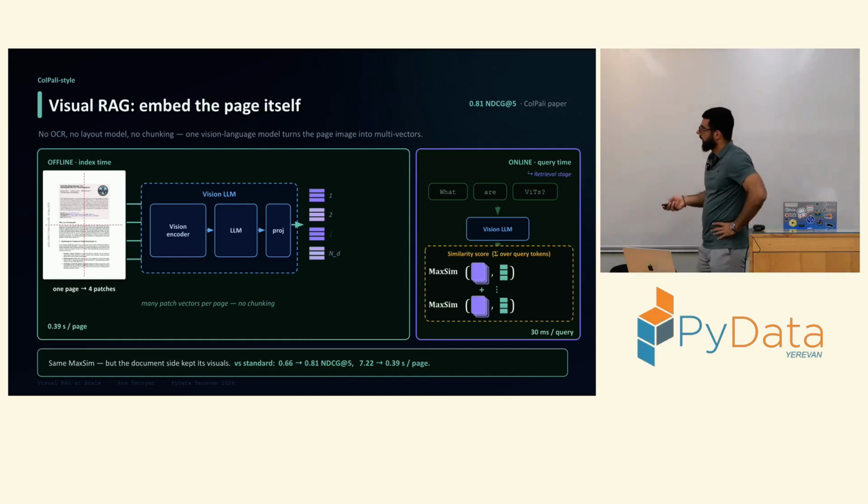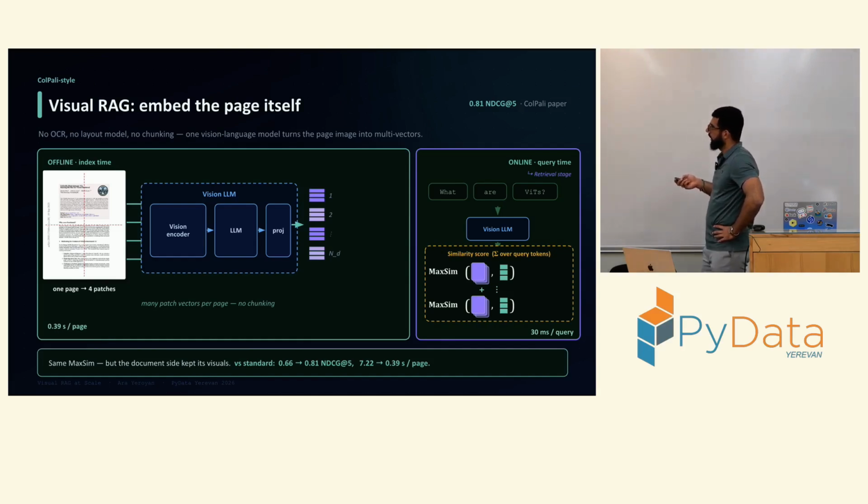They showed in their paper, on many benchmarks, that they managed to achieve from 66% to 81% on the famous NDCG score, normalized discounted cumulative gain. And during search time, what happens? You have some query, and it gets processed. You get the query tokens. And now, per document, there are thousands of vectors.